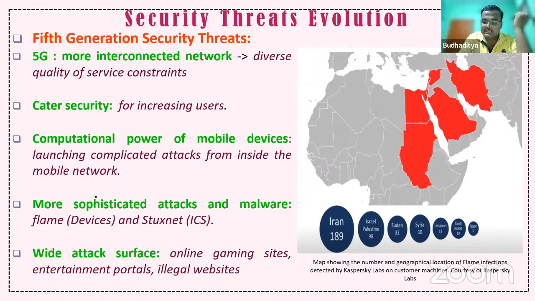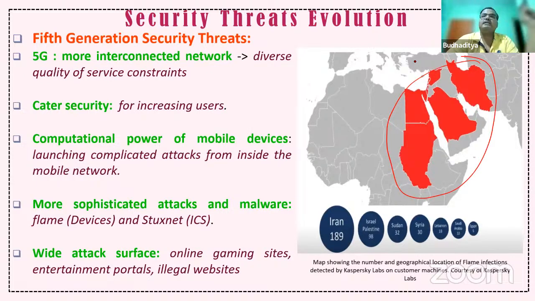So you can see that these are the countries: Iran, Israel, Sudan, Syria, Lebanon, Saudi Arabia. All of these countries actually got affected by this particular malware. Most of their industrial control systems were hacked, and they were asked to do something else which was not supposed to be done. Okay, so this is one of the biggest security threats.